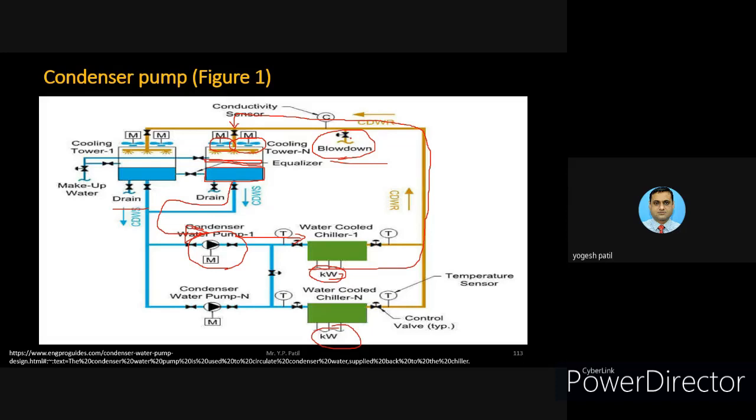And sometimes, if the water level gets reduced in this cooling tower, then makeup water can also be added through this particular arrangement. So this is the makeup water that can be provided to these chillers.